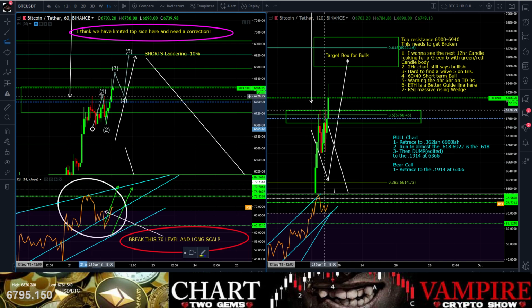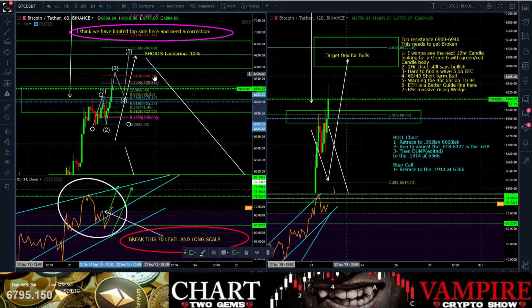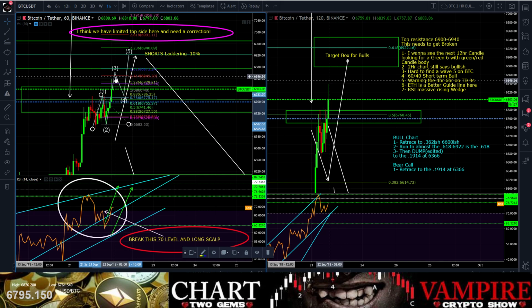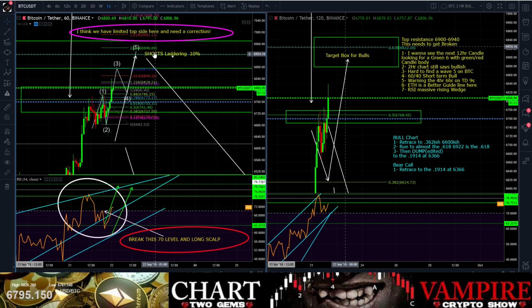Okay, all right, there you go. So here's our fib extension. So let's say this makes it up to 618 right there. And then you get a retracement to here. And then you're right here. There's your range. You're going to pop into this 2236 into here.